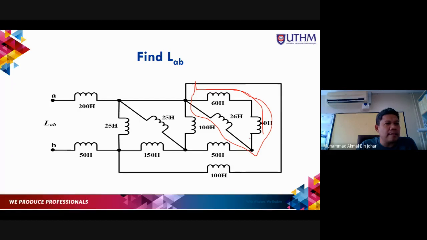So berapa jawapan yang ni? 100 parallel to 26. Dua boleh bagi komen. $250 example sebelum ni.